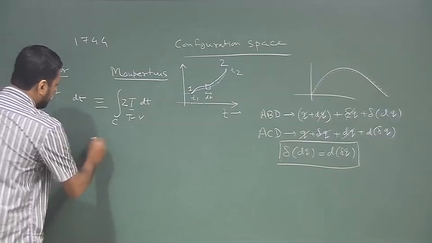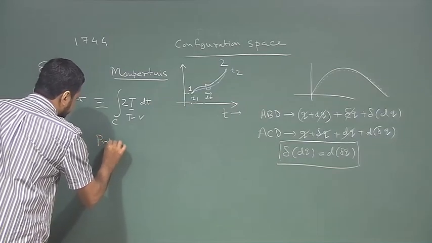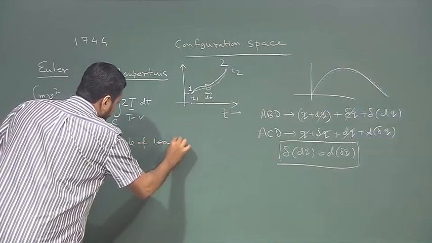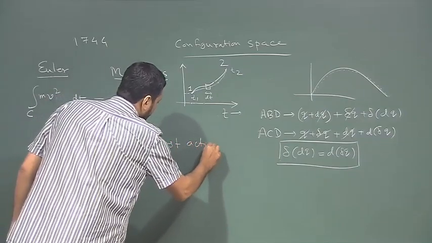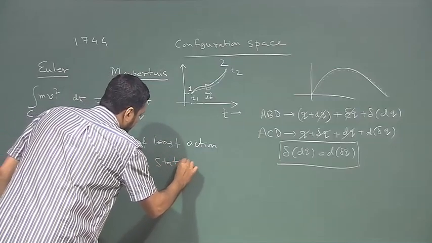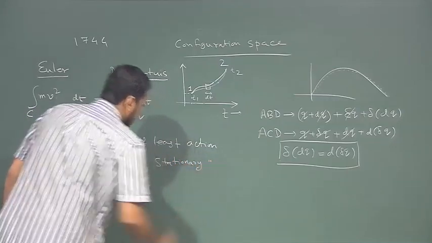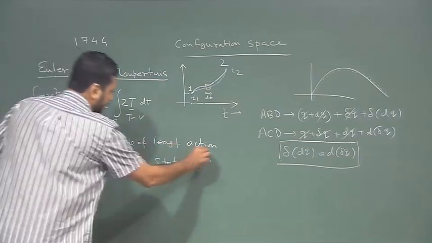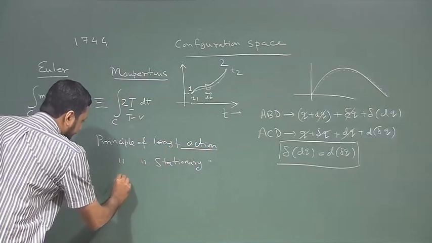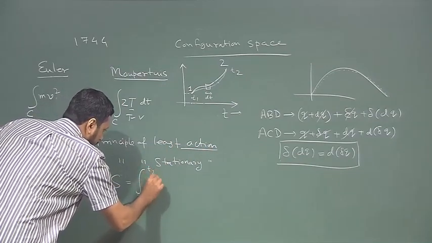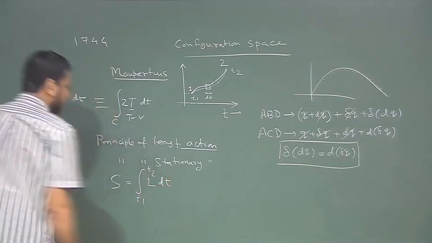So, the principle of least action, or principle of stationary action, says the following. Action is a quantity: action is this particular integral from t1 to t2 of L dt.